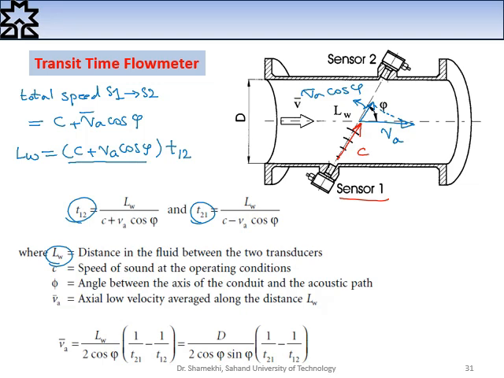As you can see, you can find this time by dividing LW by C plus VA cosine phi.